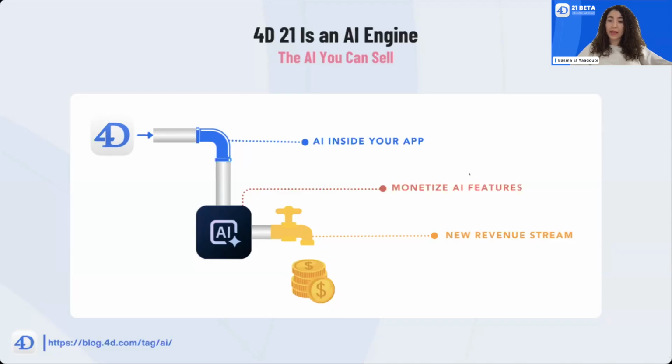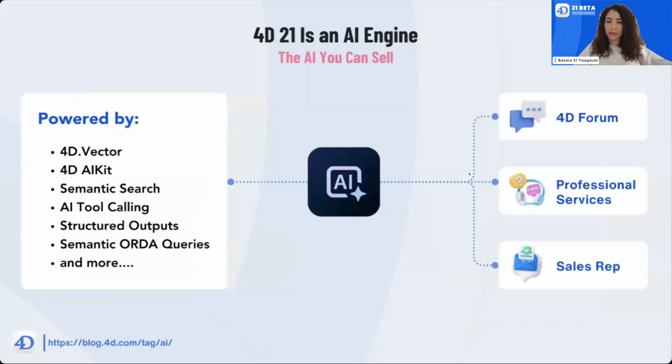And they pay the moment you remove friction from their day. And this is where 4D21 delivers targeted small AI upgrades that solve real problems. Each upgrade becomes a billable feature clients accept immediately.